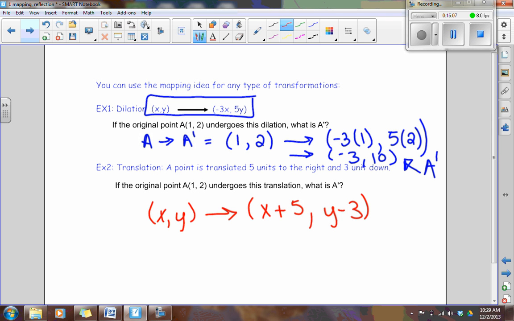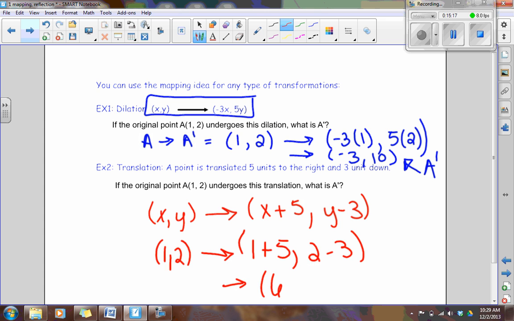So if we start with (1, 2), we're going to have 1 plus 5 and 2 minus 3, in other words, (6, -1). If we call that point A again that we started with, then this one will be A prime. Okay, that's it. Thank you.